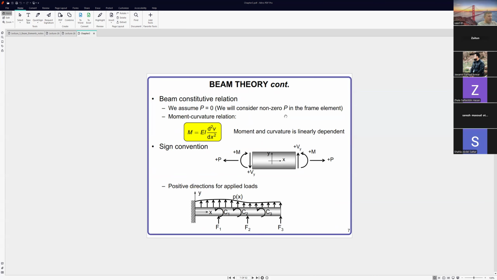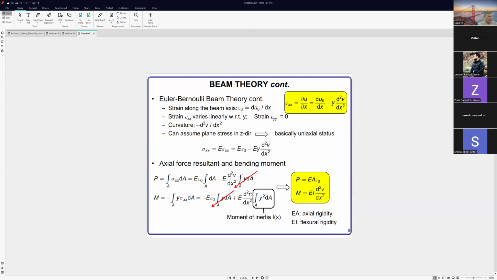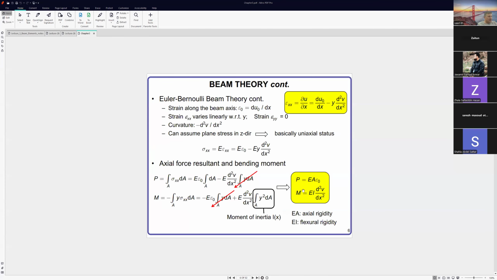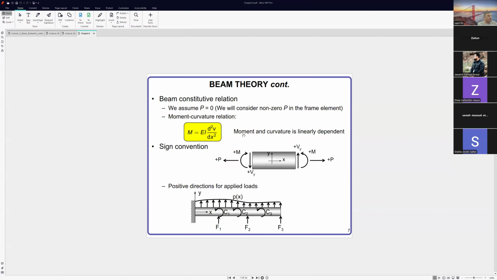We will consider non-zero P in the frame element, but here the moment curvature relation is: moment is equal to EI d squared v over dx squared. This is 0, so we just have EI d squared v over dx squared. This is the moment. Is it clear? I think you studied this in strength of materials also. So moment and curvature are linearly dependent.